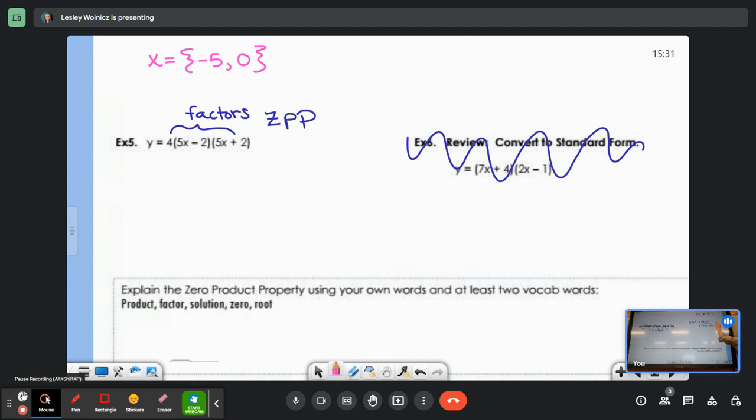So we set the y equal to 0. We set each factor to 0. 4 equals 0. That's a garbage one. 5x minus 2 equals 0. 5x plus 2 equals 0. Okay.